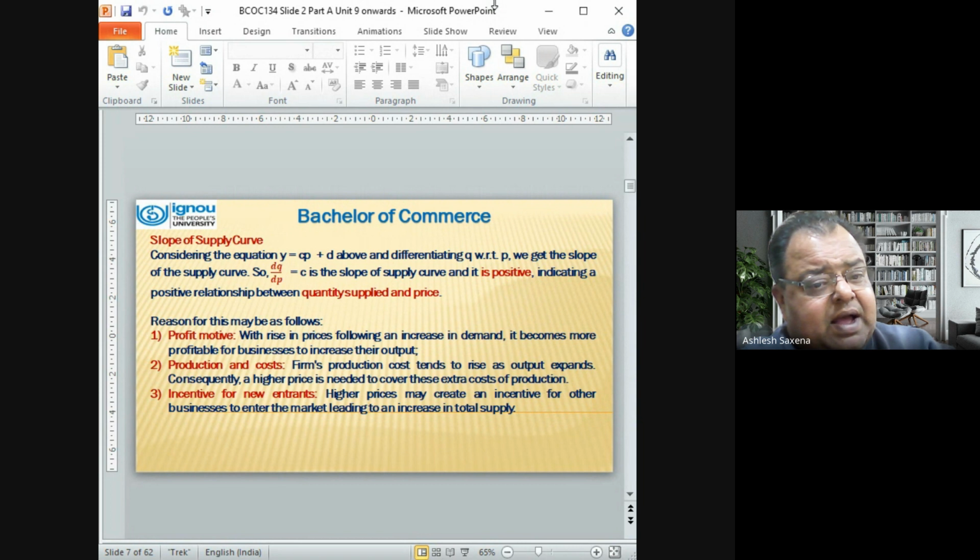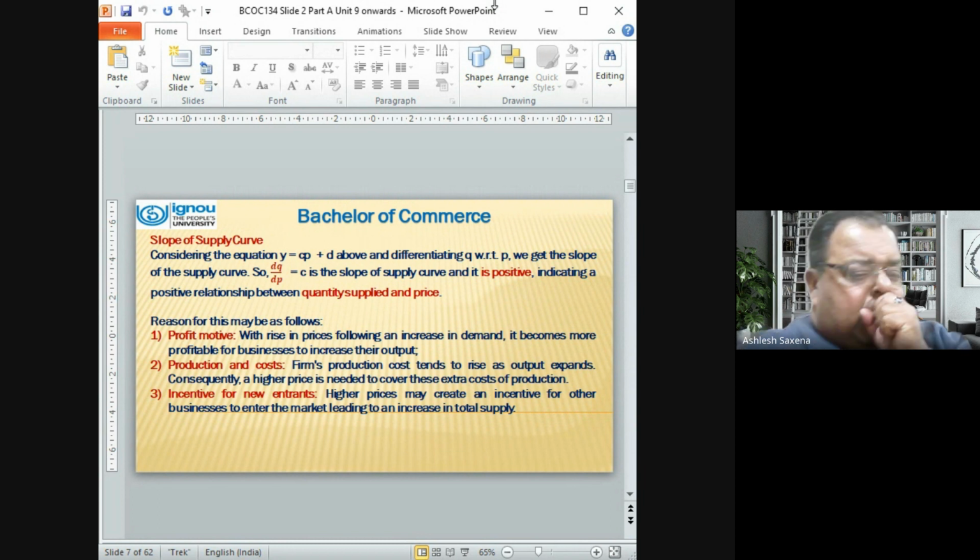Consequently, higher prices are needed to cover these extra costs of production. Third one is incentive for new entrants: higher prices may create an incentive for other businesses to enter into the market, leading to an increase in total supply.